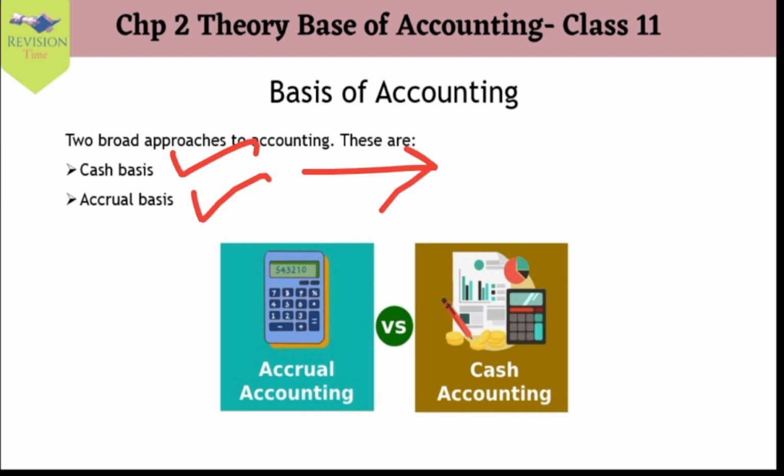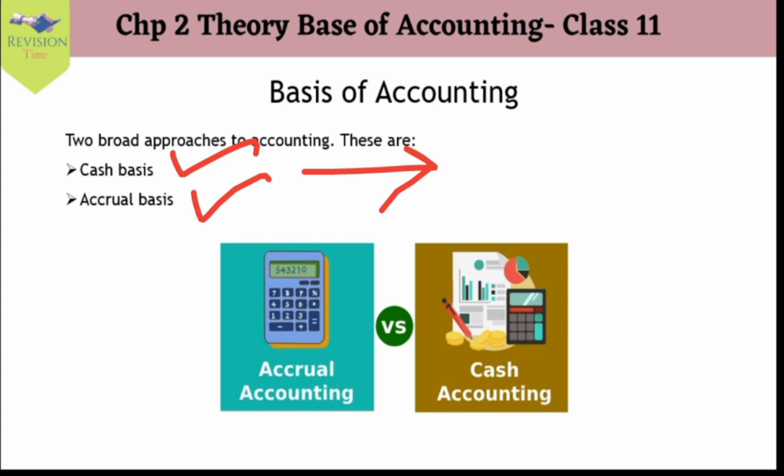First, cash basis means record a transaction only when you receive cash or pay the cash. Under the cash basis, entries are recorded in the books of account when cash is received or paid and not when the payment or the receipt is due.